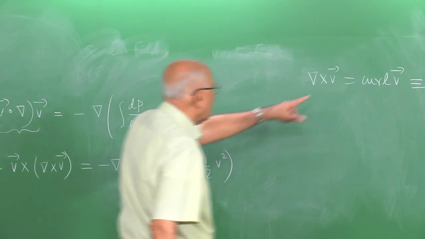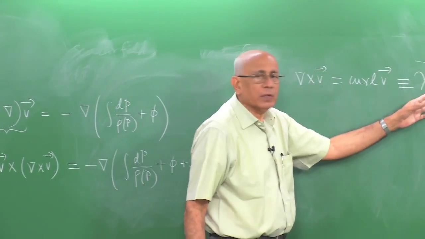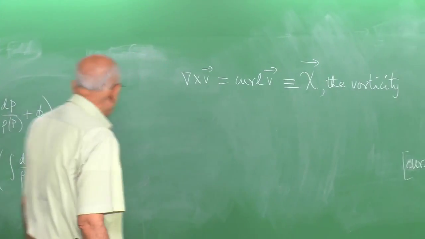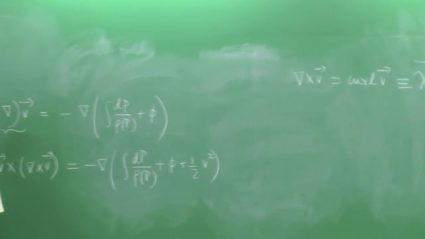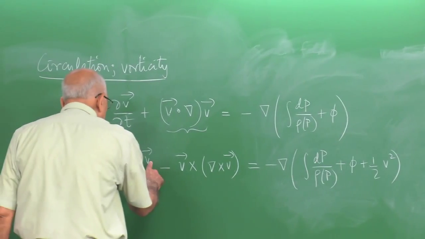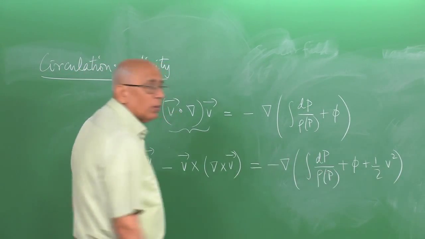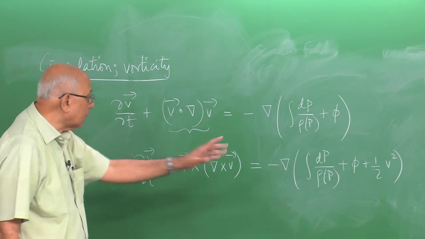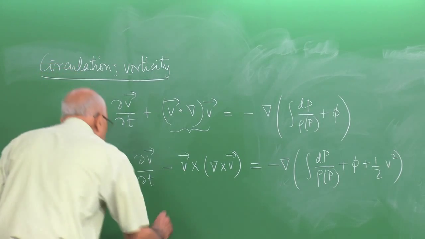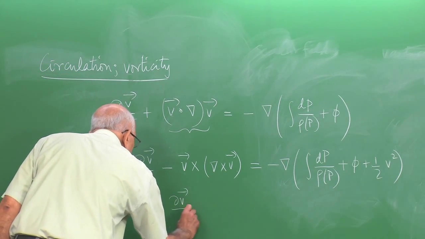If this is a function of r and t, so is this a function of r and t in general. And in terms of this vorticity vector, this thing here becomes partial v over partial t minus V cross chi equal to this quantity on the right hand side. That is the general equation of a fluid element. So, let us write that down also.